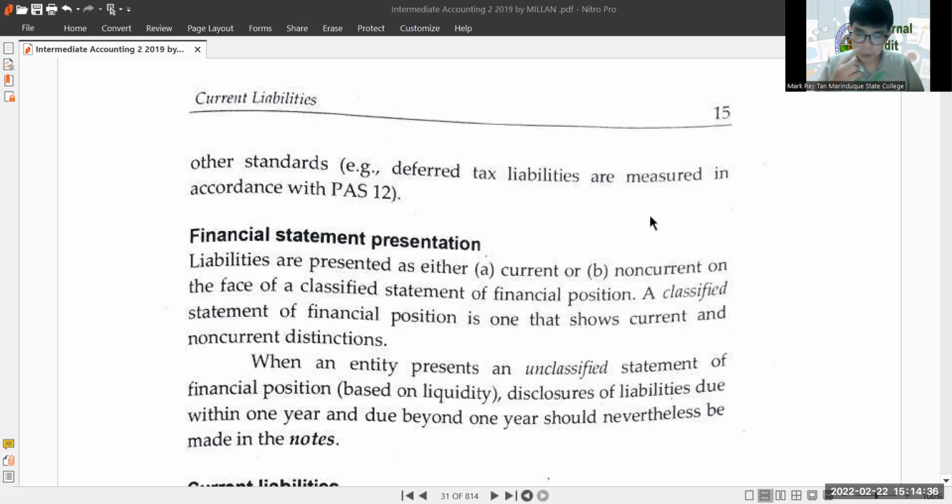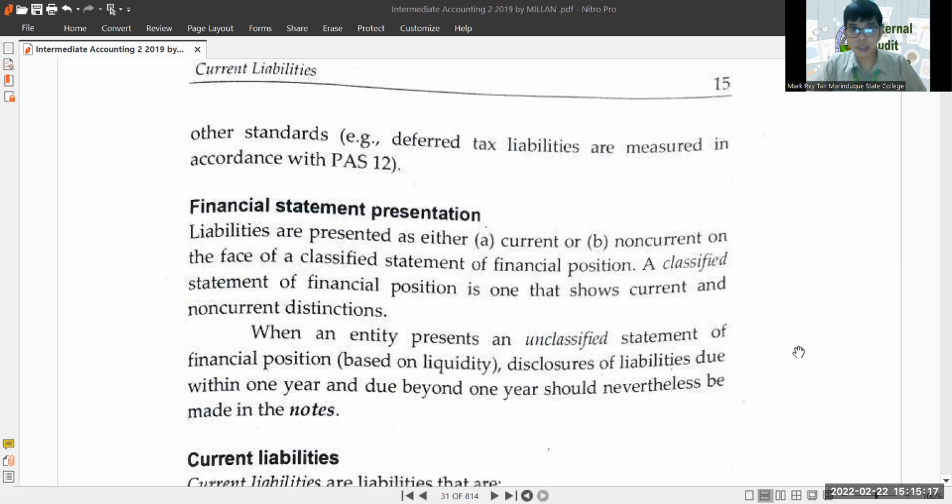I did not follow the sequence of our learning objectives at first, because the discussion of financial liabilities is out of track in its sequencing. To make it more aligned and direct, after learning objective number 1, the recognition criteria for liabilities, I will discuss the classification of liabilities as current and non-current. The second and fourth learning objectives I will discuss towards the end. Okay? Please take note.